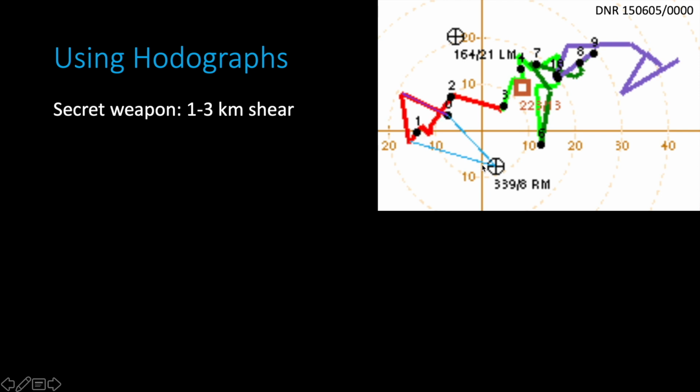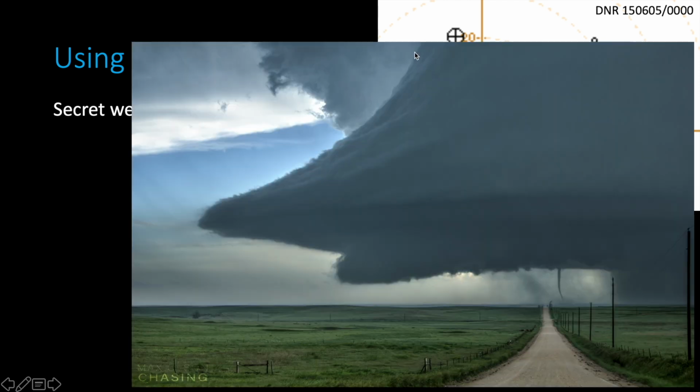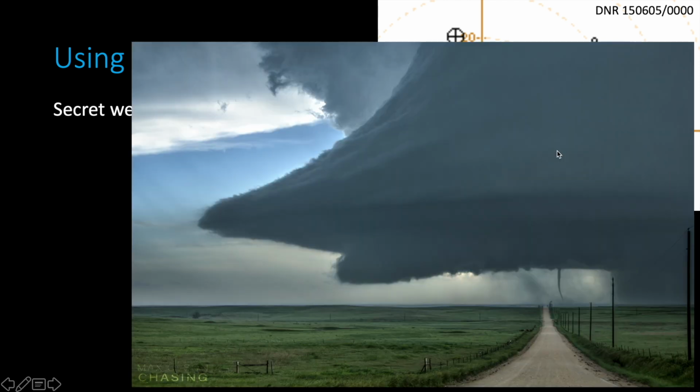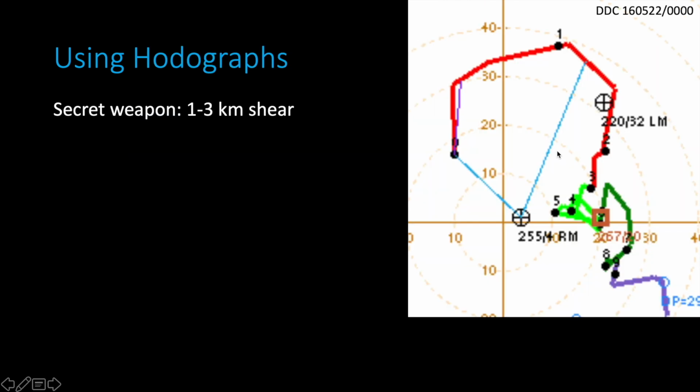Also, SRH probably won't be showing up much either because it's pretty small here. But as long as you have a decent amount of this cloud layer shear, you could get displays such as this. This was Max Olson's shot of the Simla tornado, and it's just an absolutely gorgeous supercell. So again, if you're waiting to see a certain threshold of 0 to 6 kilometer shear, you're likely going to miss out on events like this.